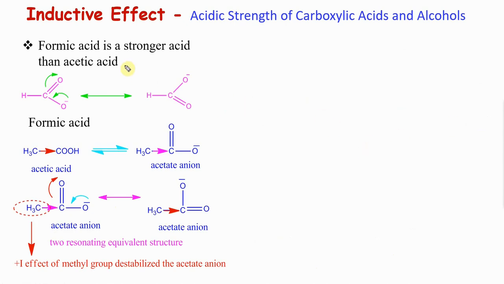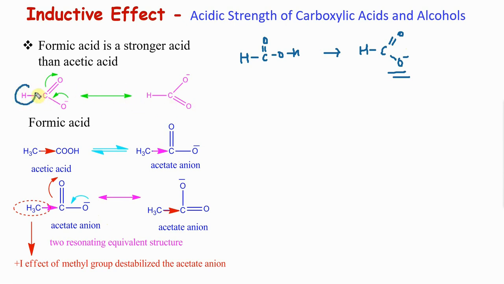We will extrapolate this point. Formic acid is stronger than acetic acid. You may want to remember this, but we can also understand it logically. Formic acid, when it ionizes, is resonance stabilized. Formic acid is HC double bond OH. If it ionizes, you get HCOO minus. This is stabilized by resonance: the double bond oxygen and the negative charge are delocalized. Similarly, the acetate ion is also stabilized by resonance. So it is not resonance stabilization that decides between formic acid and acetic acid, since both have it.